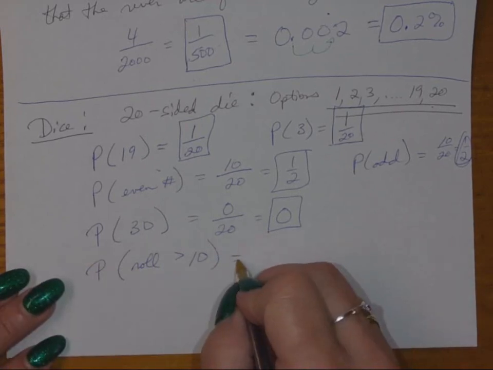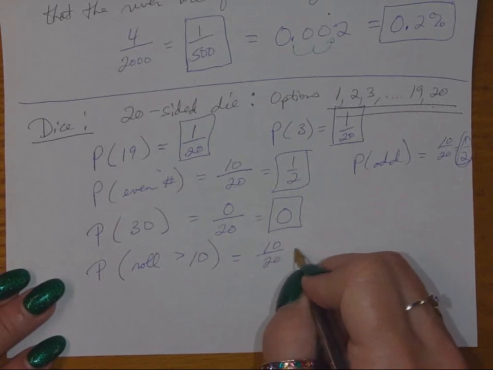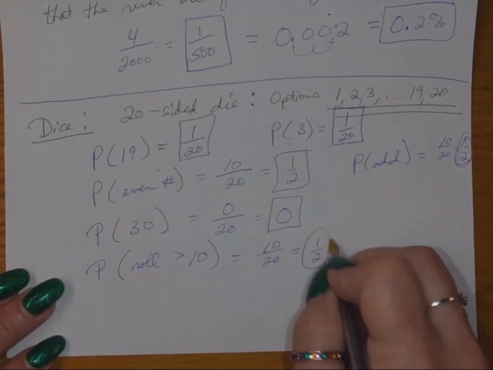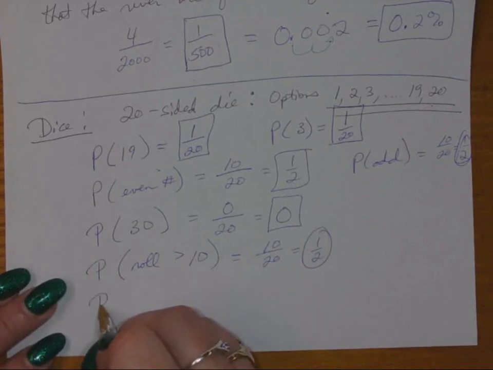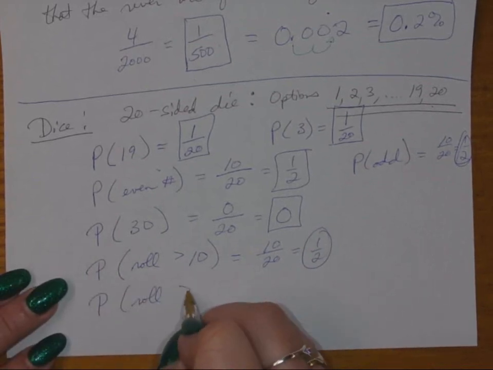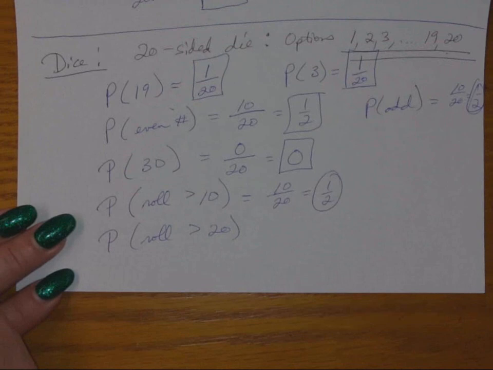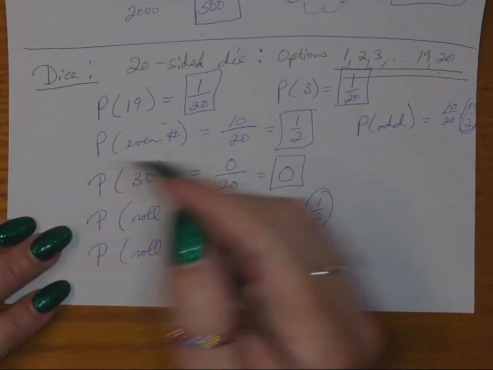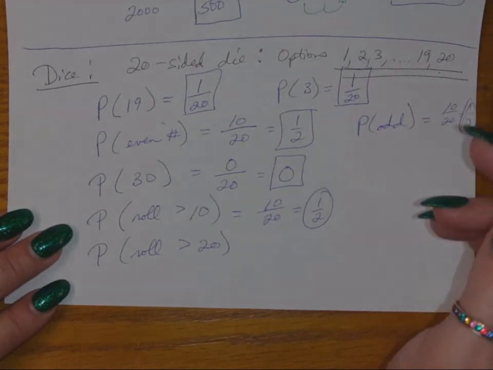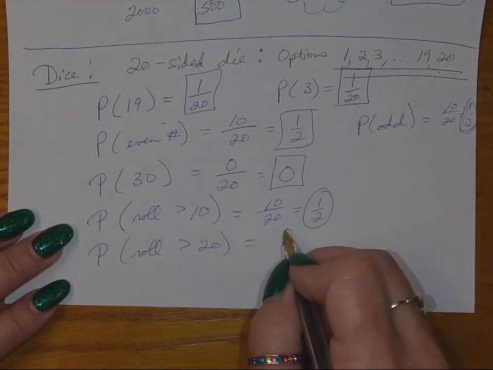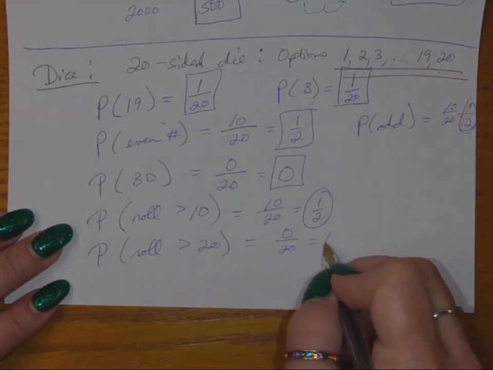All of those are greater than 10. There's 10 of those out of the 20 options, or 1/2. What's the probability that my roll is greater than 20? Well, it won't be, right? The biggest possible outcome is 20. So that's not going to happen. That's 0 out of 20, or 0.